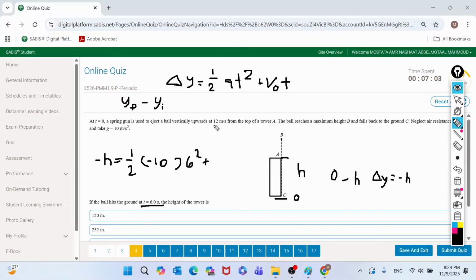It's 12 because that's how much it's ejected vertically upward. So plus 12 times 6. Okay. If you just put this on your calculator, negative h is going to equal negative 108. And yeah, you can just cancel the negatives, so you get 108.